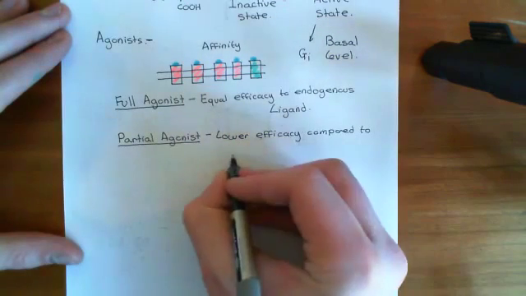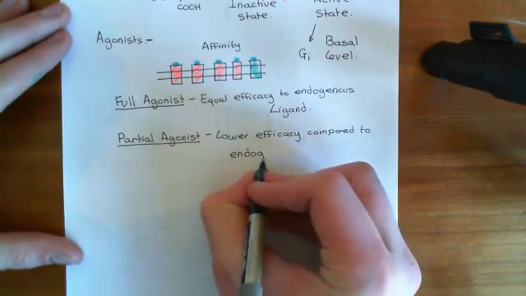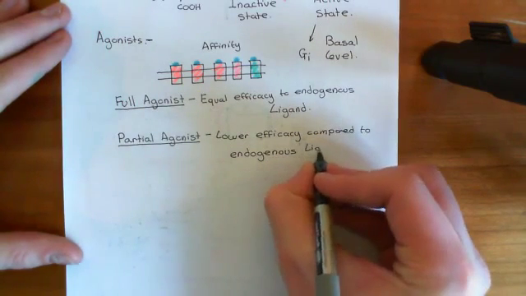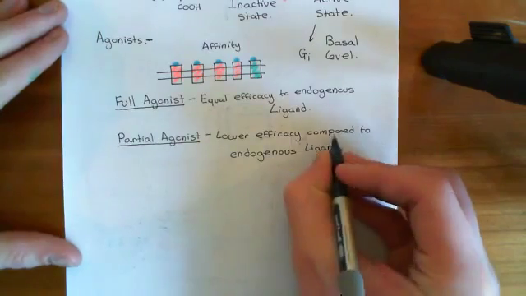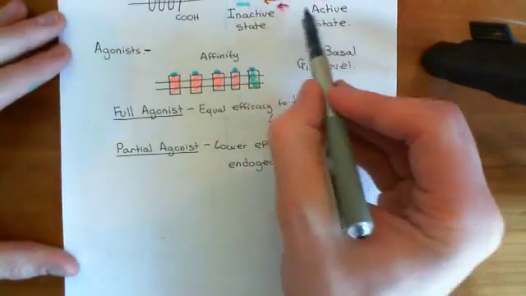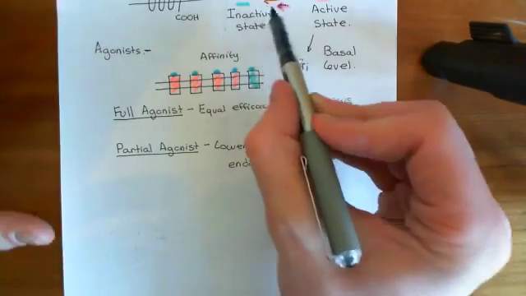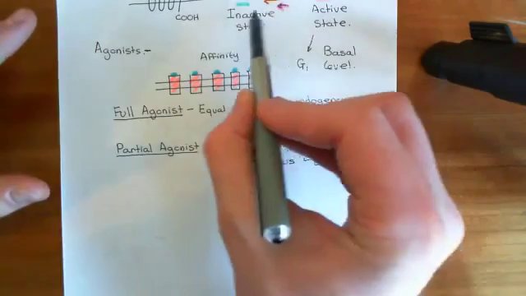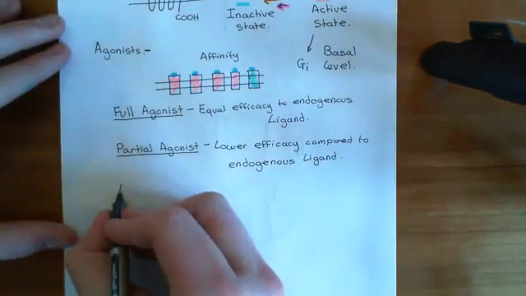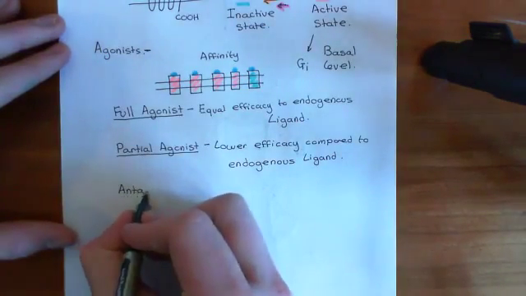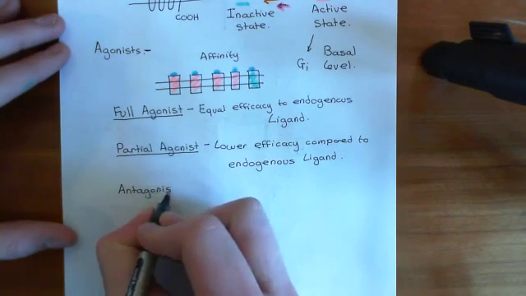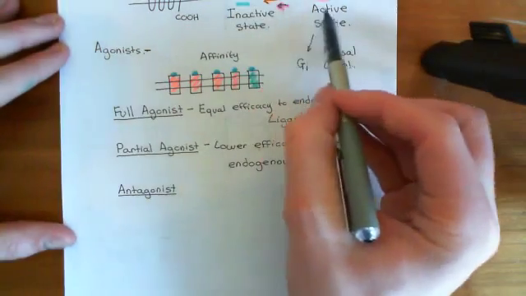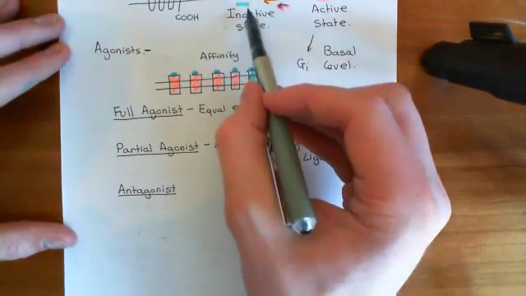Okay, now an antagonist is a drug molecule which binds to the receptor and has no effect on the preference of the receptor for being in the inactive and the active state. An antagonist just binds to the receptor and blocks the binding site for agonists, but has no effect on how much of the receptor is in the active state compared to the inactive state.